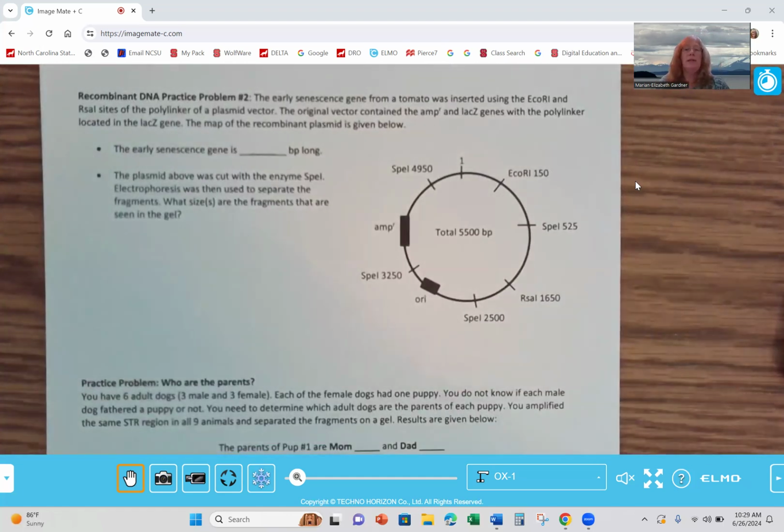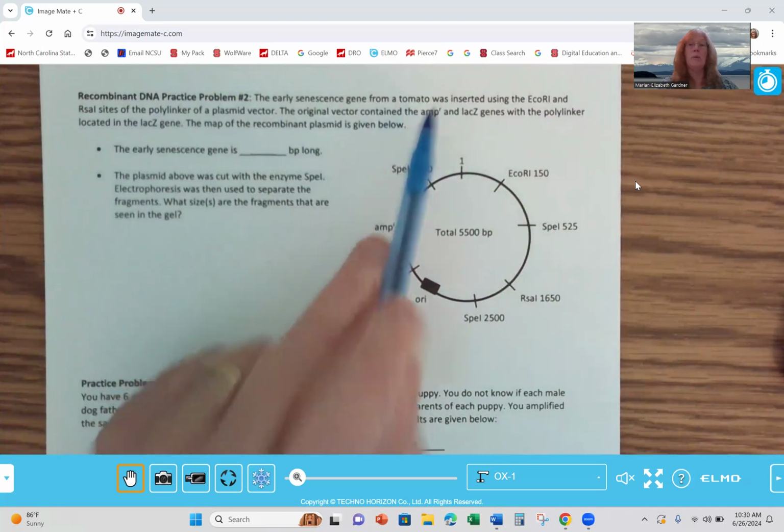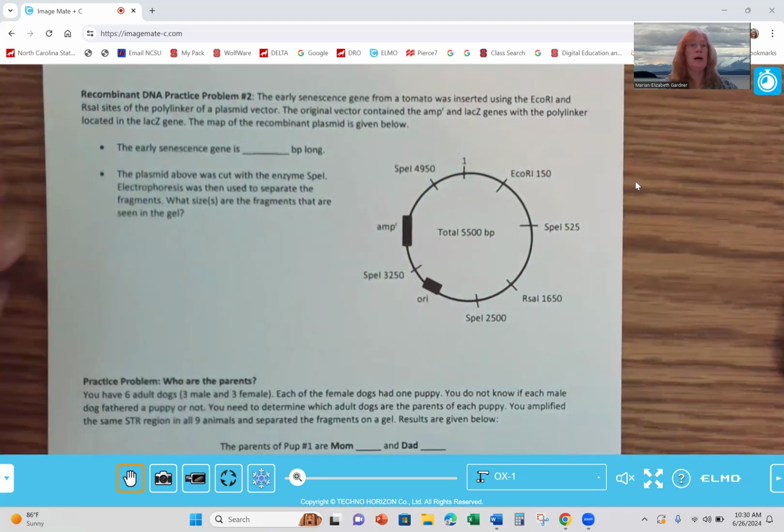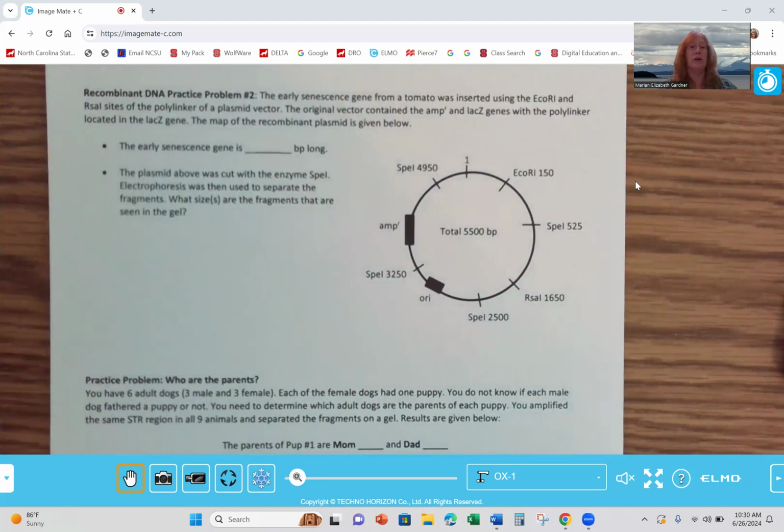The next problem looks at this a bit differently. We're starting off with a gene that's already been inserted. So we have a recombinant plasmid that we're starting off with, and we want to analyze it a bit. It says the early senescence gene from a tomato was inserted using the EcoR1 and RSA1 sites of the polylinker of a plasmid vector.